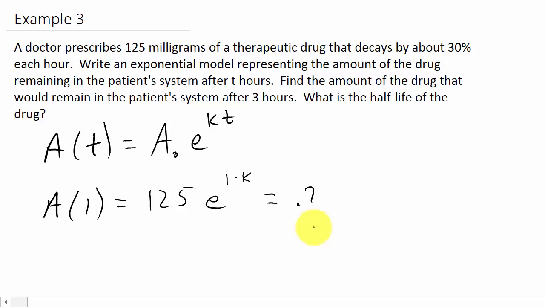That's how much is left. After 1 hour, of the 125 milligrams that we started with, 70% is left. So that would be 70% times the 125. That's how much of the drug is left.